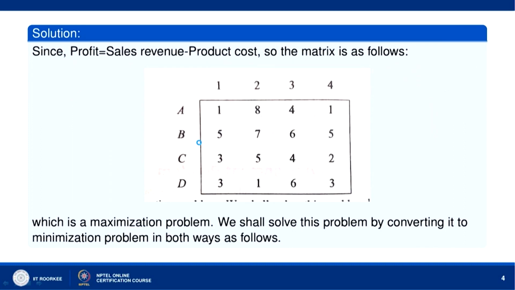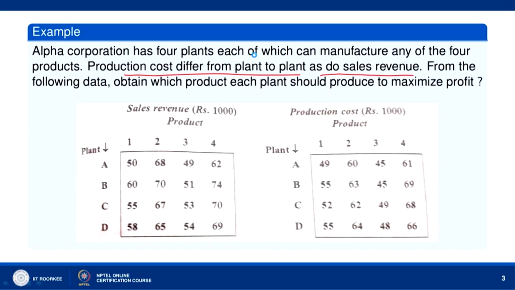Now, we know that profit is equal to sales revenue minus production cost. So, the profit matrix is as follows. We can subtract from the sales revenue the production cost, that is, we subtract the second matrix from the first matrix.